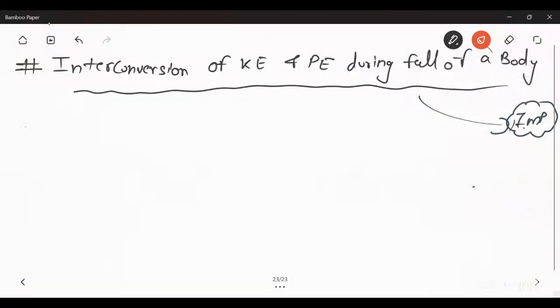So firstly, consider a ball of mass m released from a height h.